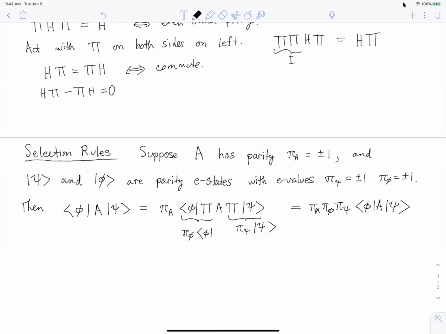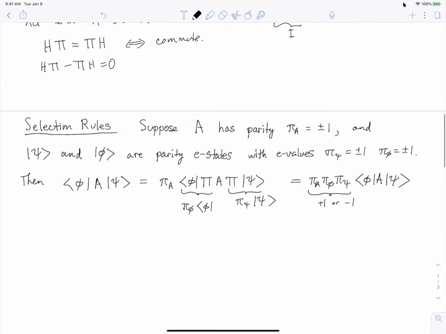Okay, and so the product of the three parity numbers is either plus 1 or minus 1, because each one of them is plus 1 or minus 1 by assumption. And so if it's -1, then what we're saying is the matrix element here is equal to negative of itself, and the only way that can happen is if it's 0.